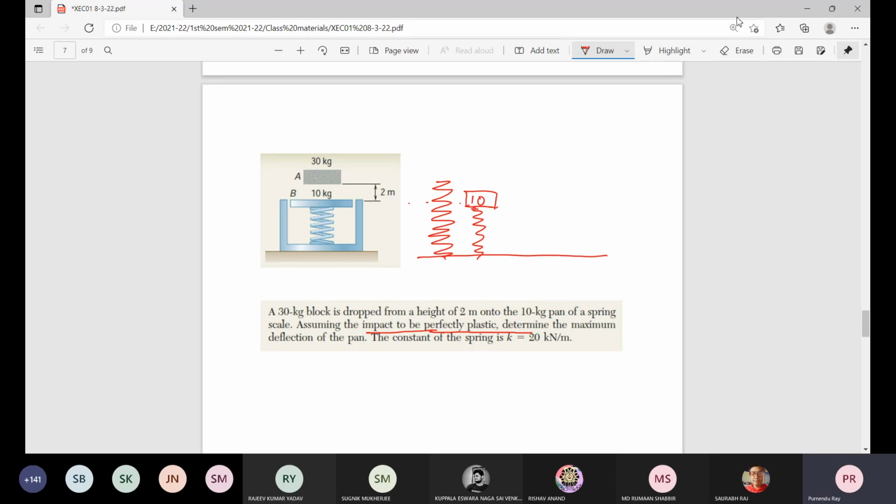Next thing, this 30 kg mass is allowed to fall from a certain height.